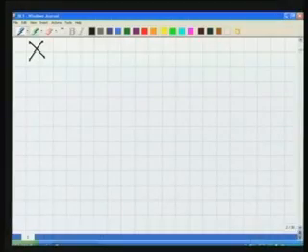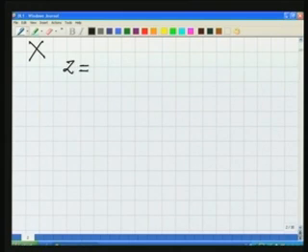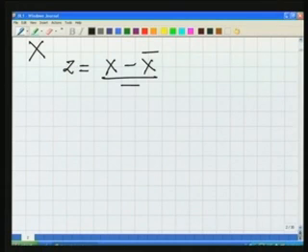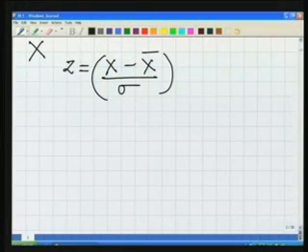Well, first of all, the value x which was given to us, we will transform into the standard variable z, and the standard variable z in this case becomes z = (x minus x bar) by sigma. So we are transforming our variable, making it standard. We have seen this before also.